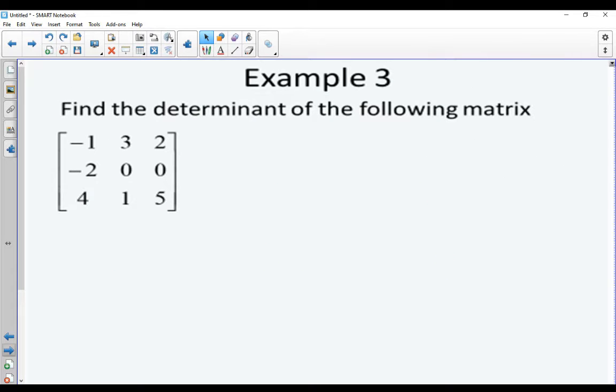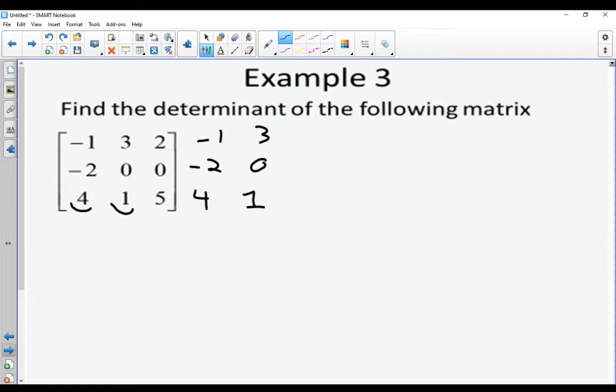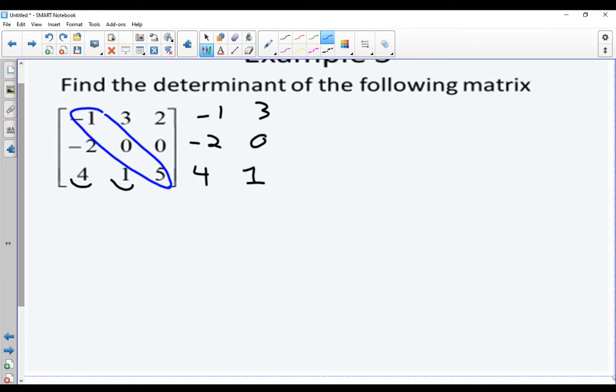Same matrix, we're just going to show our work here. Take your 2 first columns, copy them off to the side. Now, let's do our downwards diagonals first. Multiply all of those numbers together. -1 times 0 times 5, which will just get you 0.